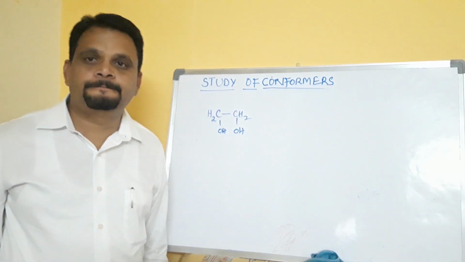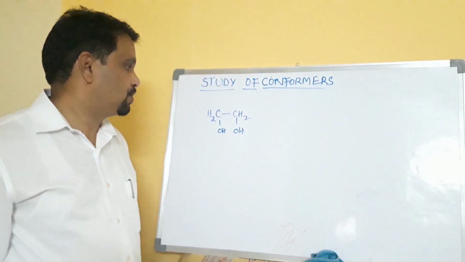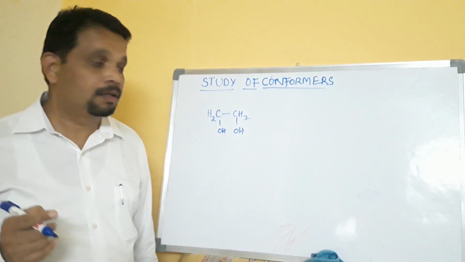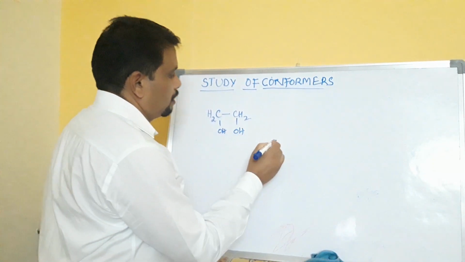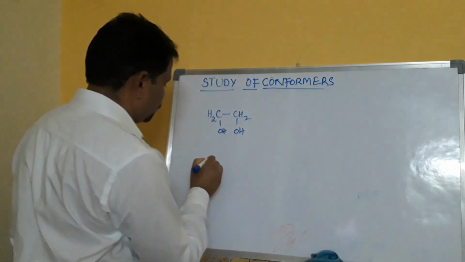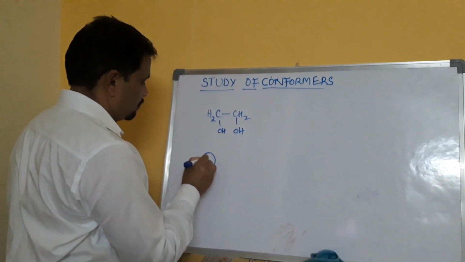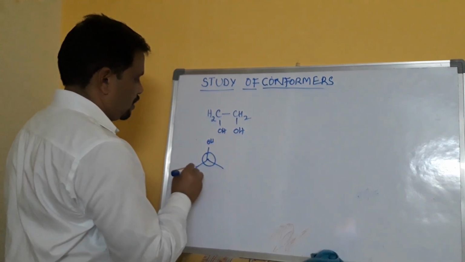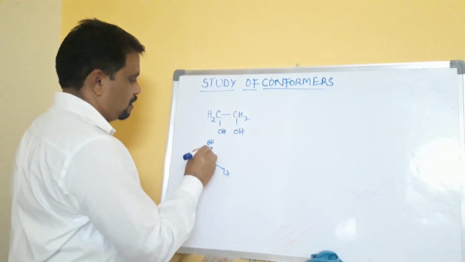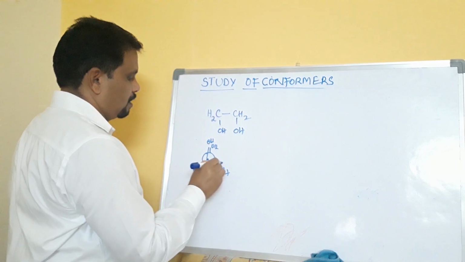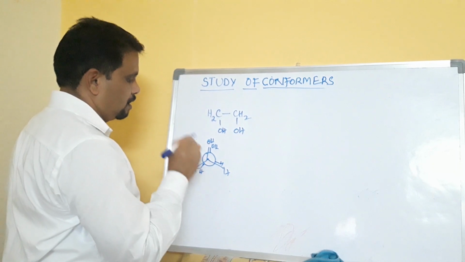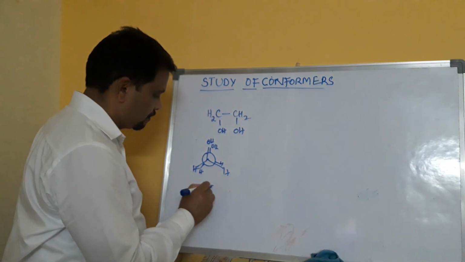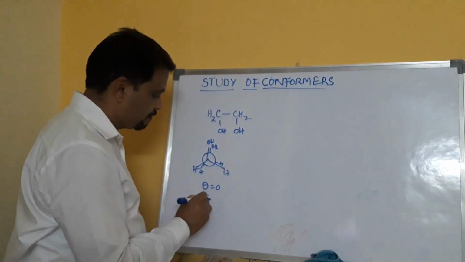How can we write different conformers for ethylene glycol? Simple, right? OH, hydrogen and hydrogen, OH, hydrogen and hydrogen. So the dihedral angle is 0, that means fully eclipsed conformer.